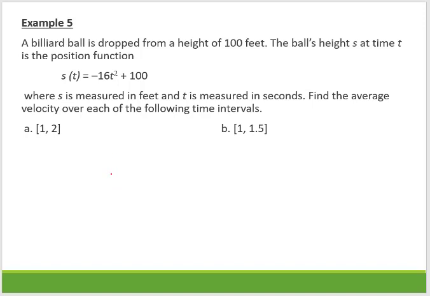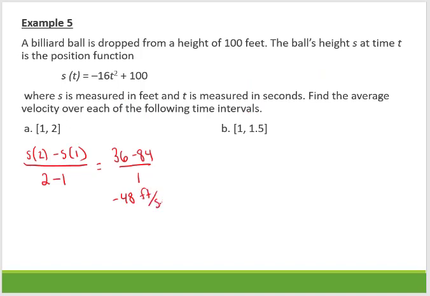Find the average velocity over each one of the time intervals. So I'm going to find s of 2 minus s of 1 all over 2 minus 1. And that works out to be 36 minus 84 all over 1, which simplifies to negative 48. If I give you units, give me units back. I'm looking for my units, feet per second.